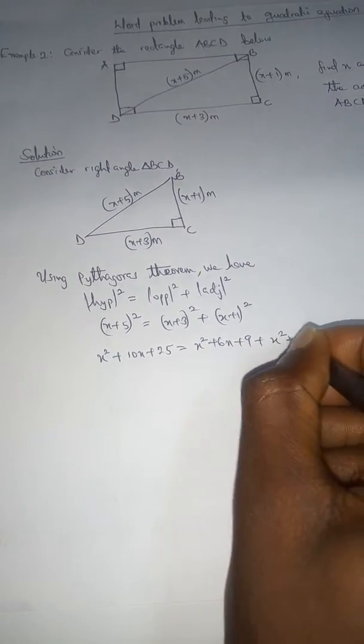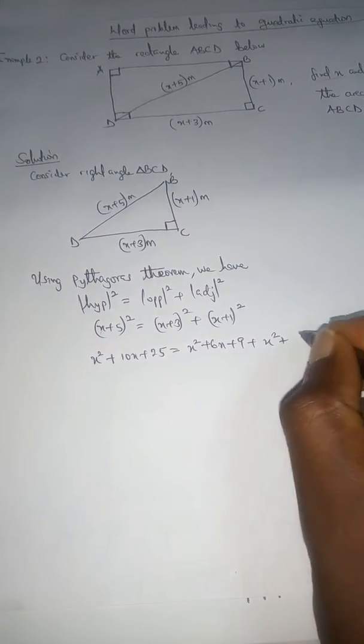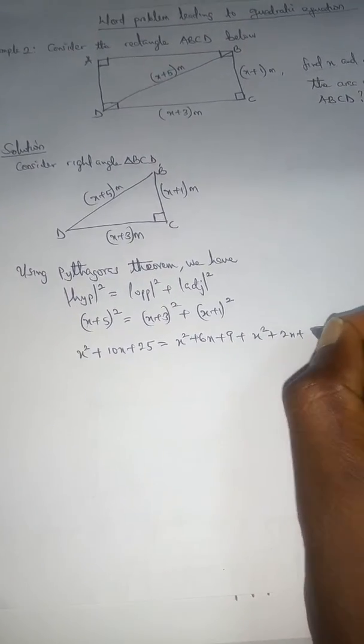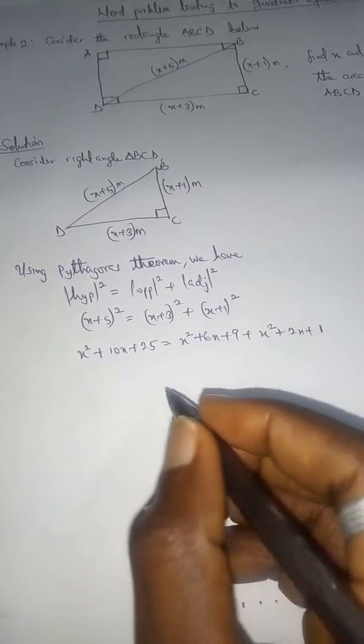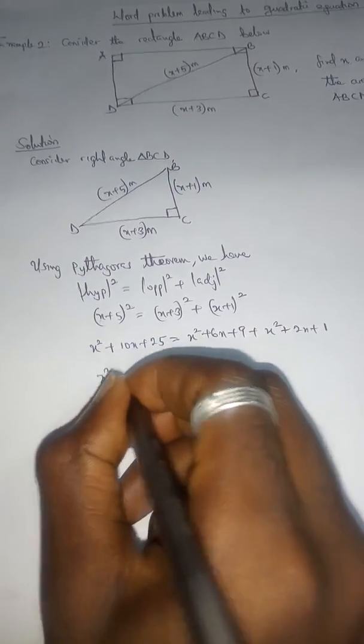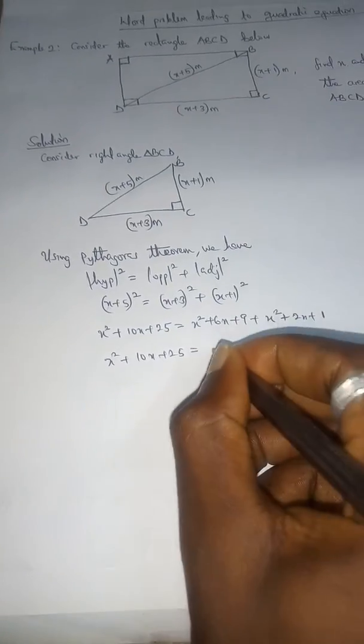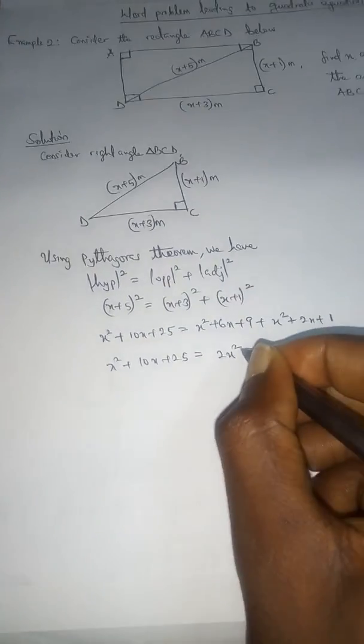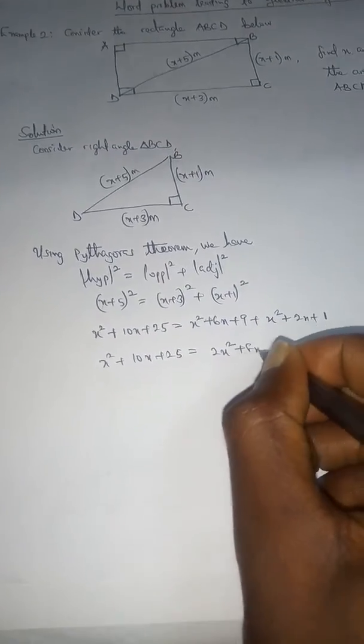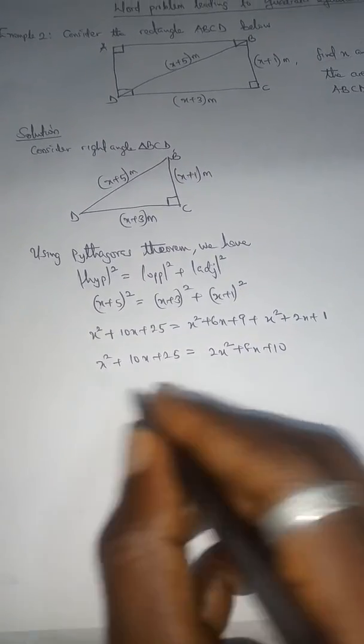Plus x square, plus x times 2, that's 2x, plus 1 square, which is 1. So here we can collect the like terms. That's 2x square plus 8x plus 10.